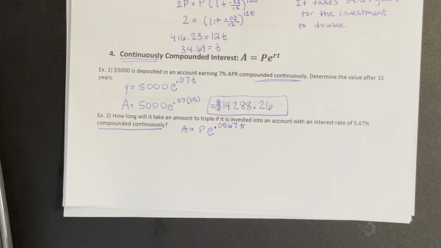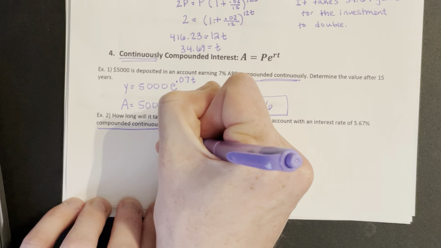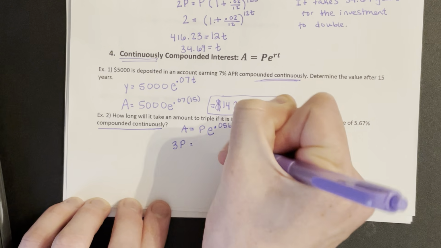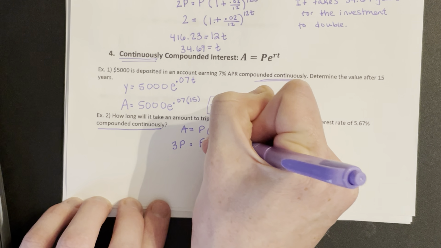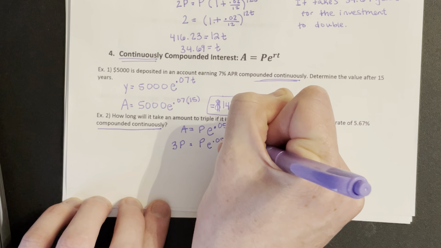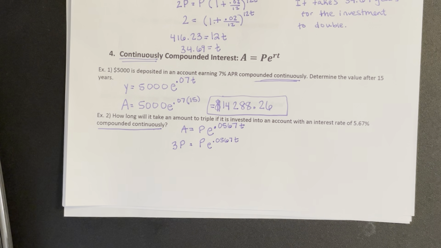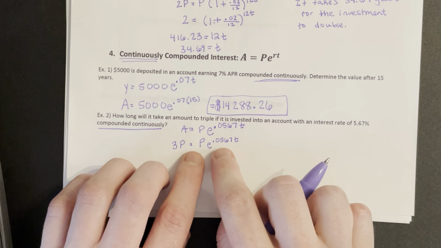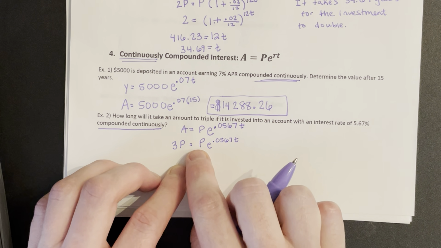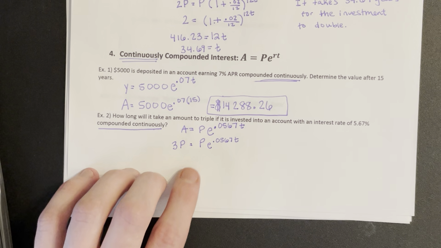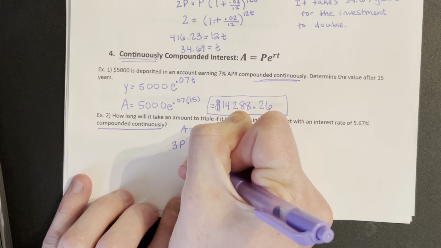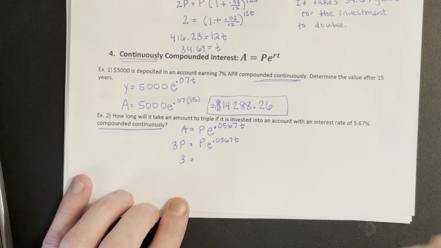If we're looking to see how long it takes to triple, then the amount that we have now is 3 times P. We're trying to get the exponent by itself, which means I need to isolate the exponential, get rid of the P that's outside of the exponential. We would divide by P, which just makes that 3.